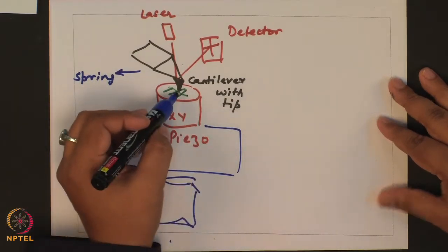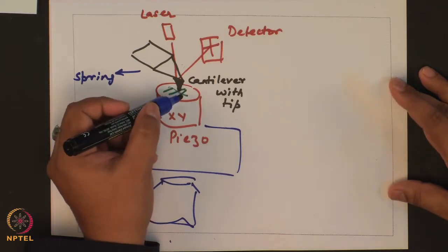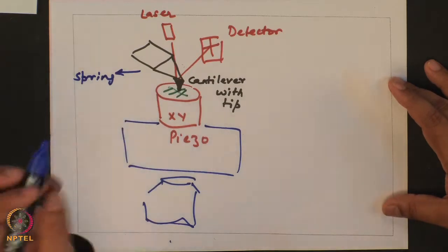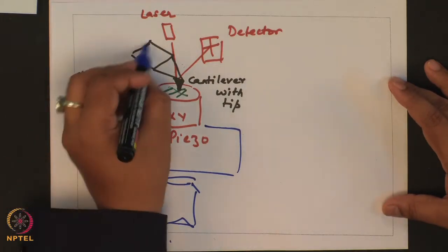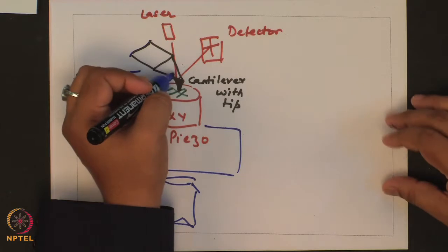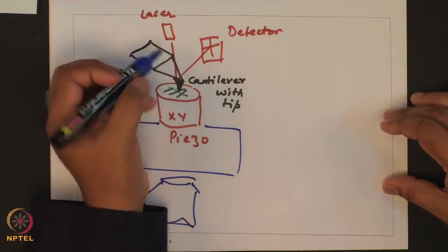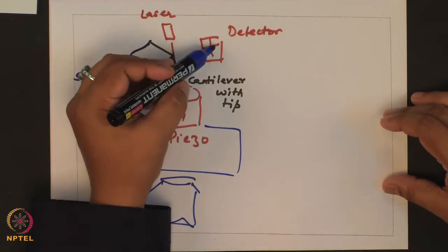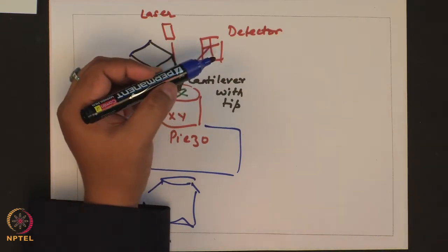You can position the point you want to be probed underneath the tip. The back surface of the cantilever is shiny, and a laser light reflects off its back and gets detected in a photo detector.